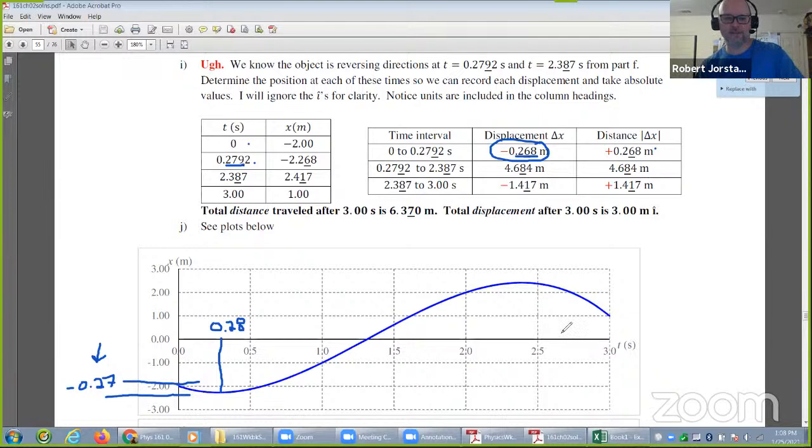to the left. Now, from this point right here to this point, right about there, what time is that? This is about 2.4 seconds, I think. During that time, the displacement from here to here, it goes up about 4.7 meters.